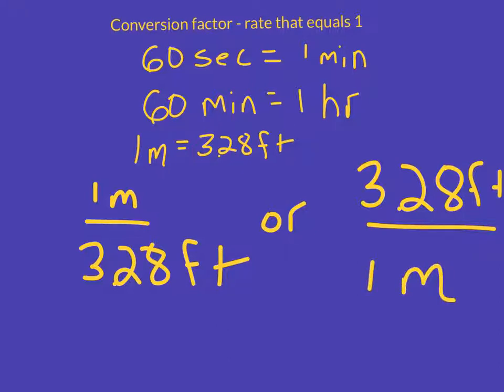Any way you see it, it all means the same thing: 1 meter is equal to 3.28 feet, or 3.28 feet is equal to 1 meter. You might want to go to the resources page on this website and check out the conversion table. That might help you in this section especially, and as you go through the problems in the homework, you'll see a bunch of conversion rates there that will help you as we go along.